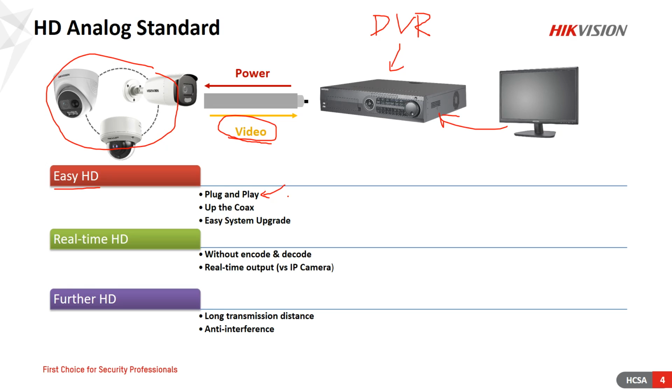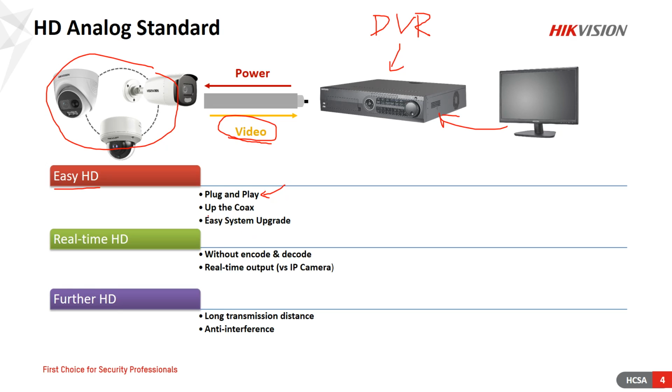No need for any other configuration, especially compared to the IP system. With the IP system, we have to input the username, the password, or we have to configure the IP address or something else. But the analog system doesn't need all of that. That's why we call it plug and play.